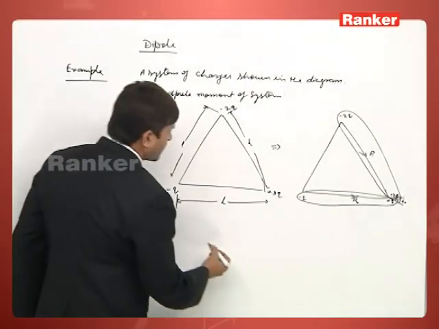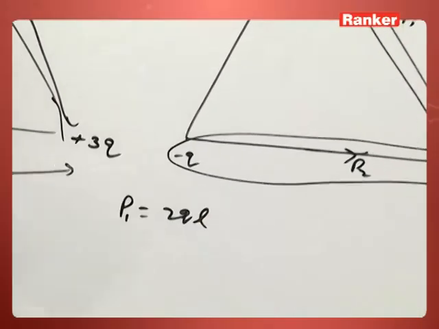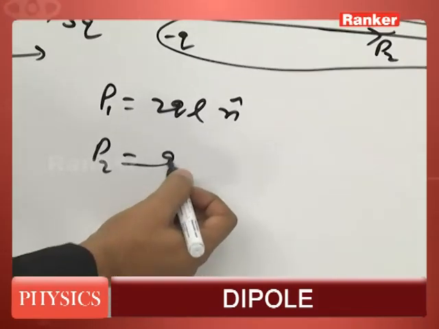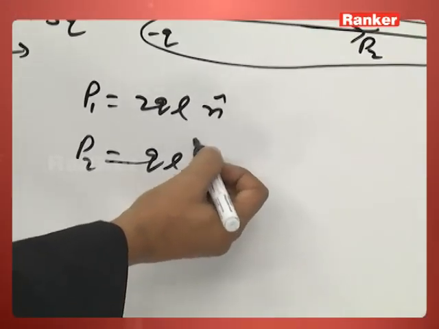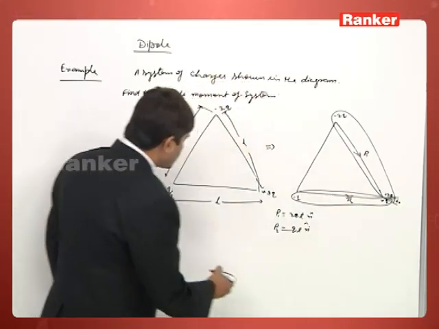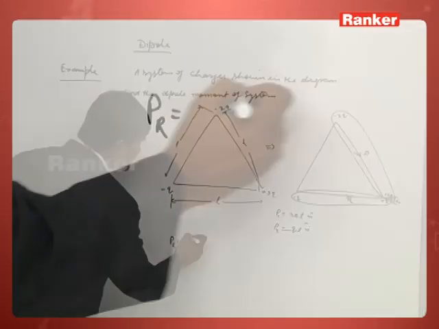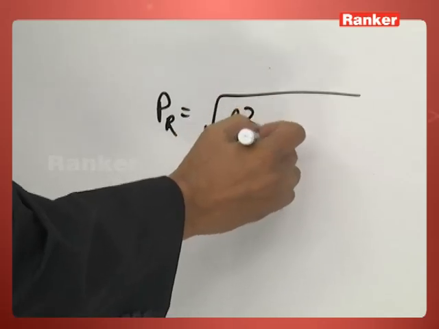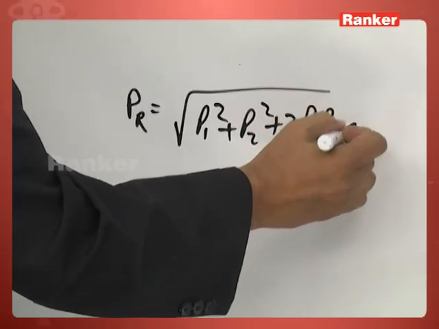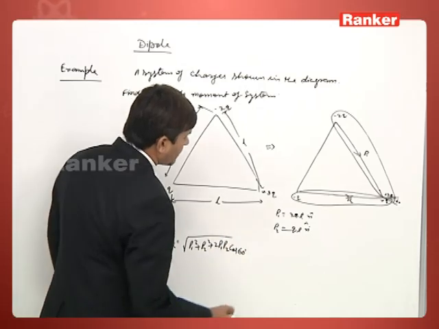So see, P1 is equal to 2q into L, and P2 is q into L, and the angle between these two vectors is 60 degrees. If we want only the magnitude, the resultant dipole moment is given as the square root of P1 square plus P2 square plus 2 P1 P2 cos 60.